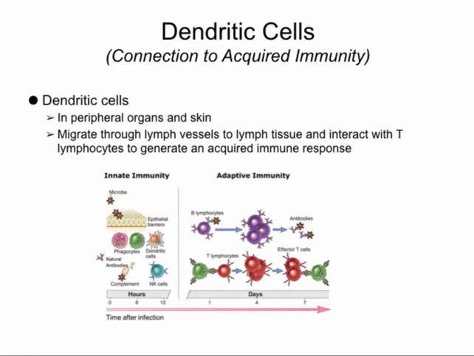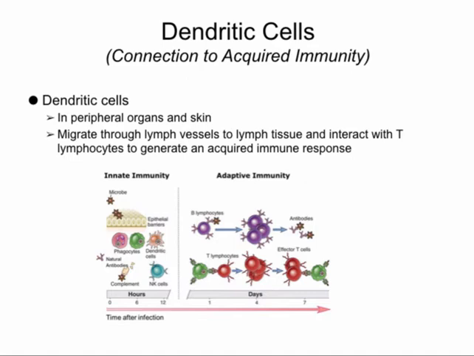So your dendritic cells are part of your innate immune response. However, they create that important connection between your innate response and acquired immunity. They're almost like a cell presenter, or antigen presenter, I should say. And this is what stimulates the development of antibodies, once we start moving into an acquired response.